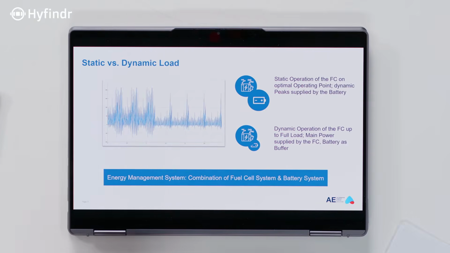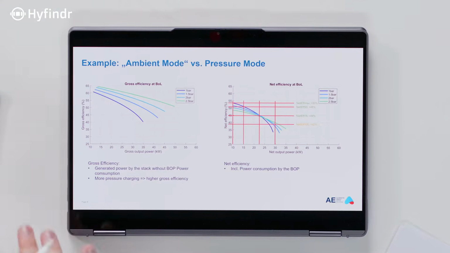With higher pressure you can supply the power for this. But perhaps it would also make sense, when you see the whole energy management system, to combine a smaller fuel cell system, run very efficiently at 1 bar or 1.5 bar, and to supply these peaks by a battery. Okay.